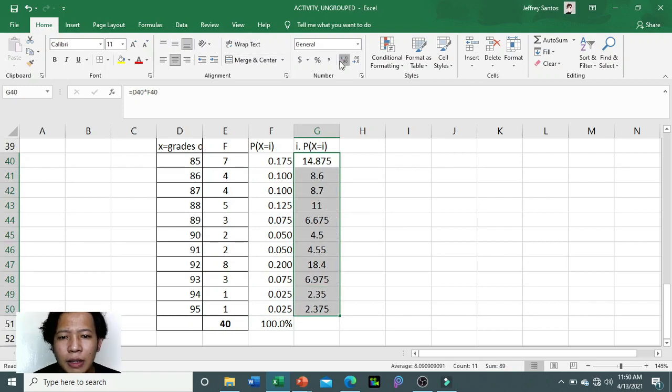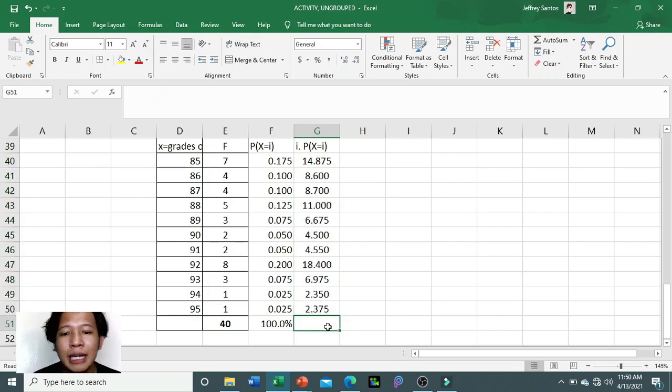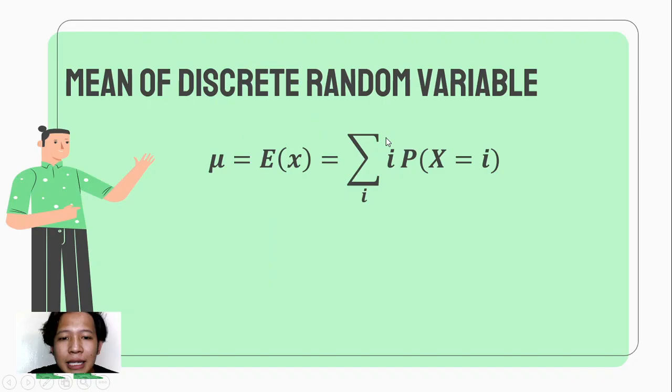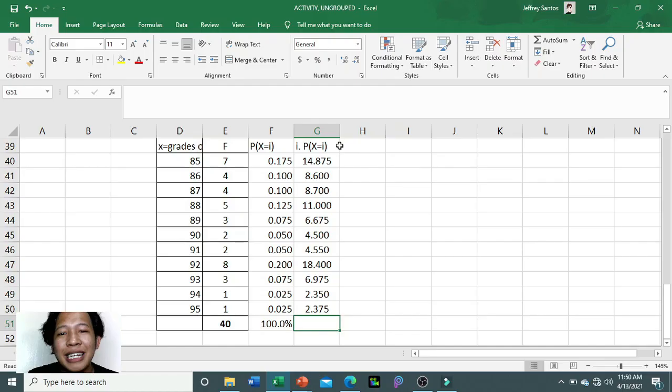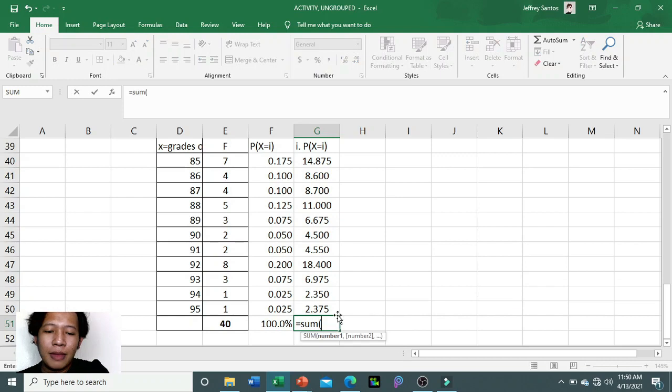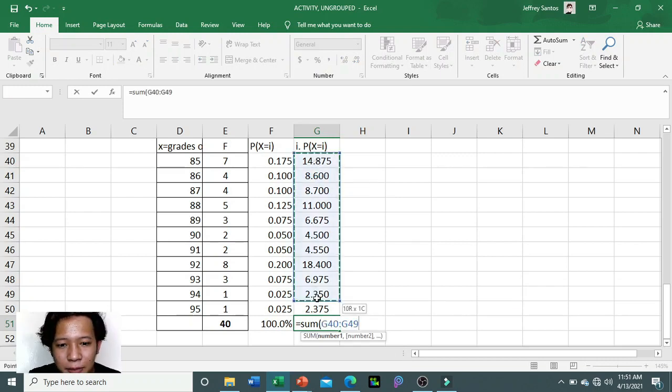We have the following products of each outcome with its probability. Now, what the formula says is that we have to get its summation, so we just sum these up, from this point up to this point.